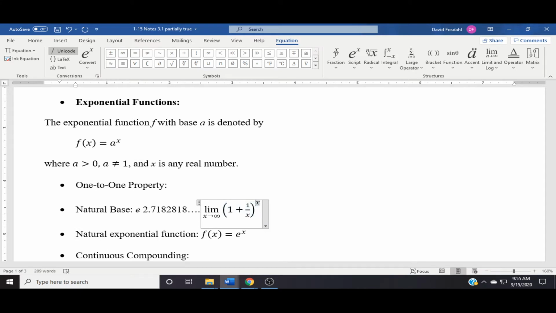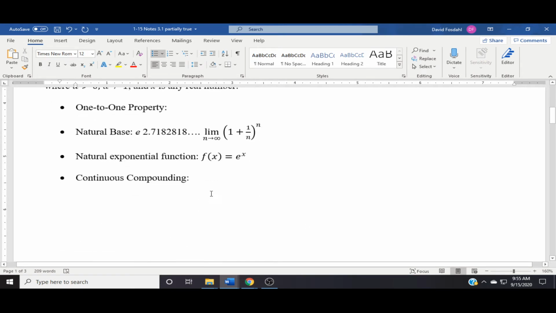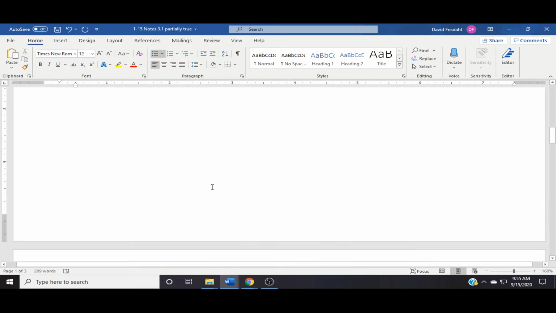Now this is actually usually n, so let's just do it appropriately because you're going to see this again. So this is the limit as n approaches infinity. You don't need to understand this, but this is the idea behind the base e. It's continuous compounding. We'll talk about that later.